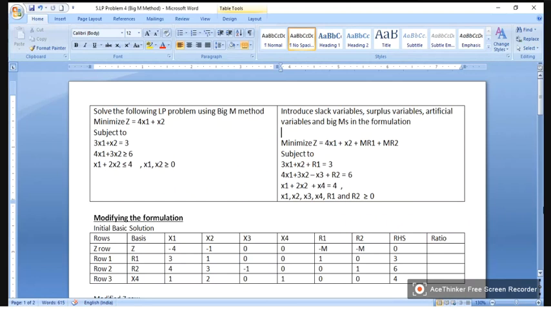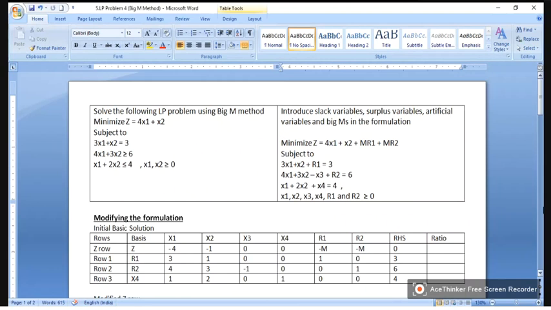So we added surplus variable for one constraint, and we added artificial variables for two constraints. According to normal procedure, we prepared the table. So is the table clear for everyone?